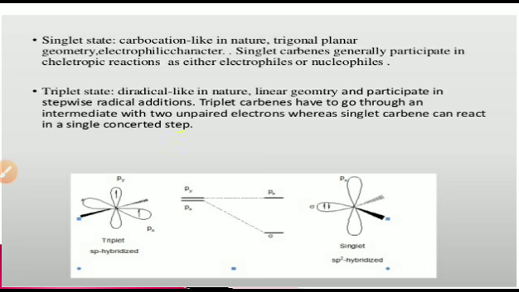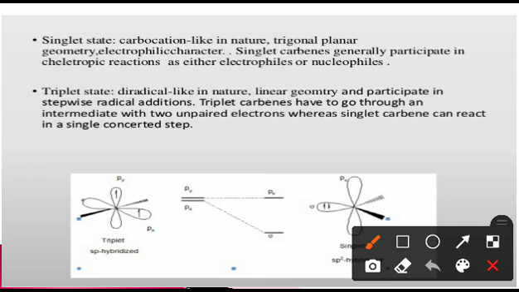Then how to calculate the spin here? Here this is the triplet carbene having sp hybridization, and that's why the geometry is linear. Here the electrons have the same direction.